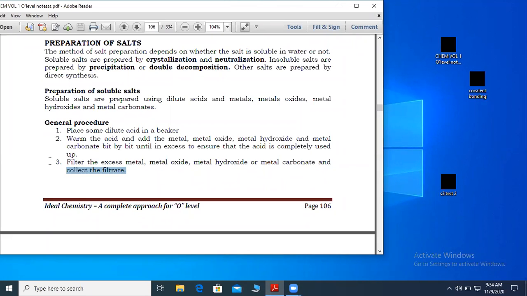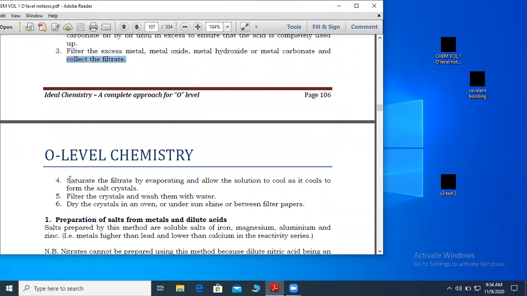I'm very happy. So, after obtaining the filtrate, you saturate the filtrate. To saturate means to drive off the water. So saturate the filtrate by evaporating on an evaporating dish.